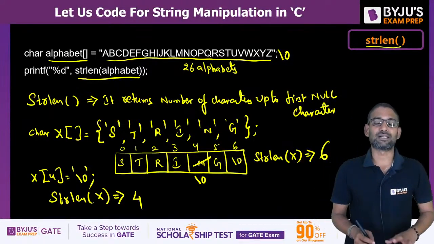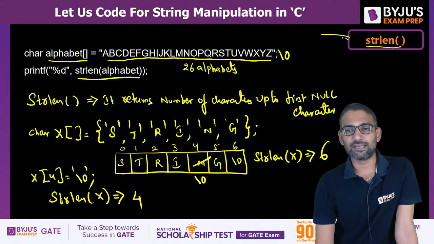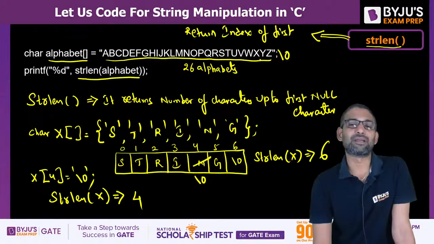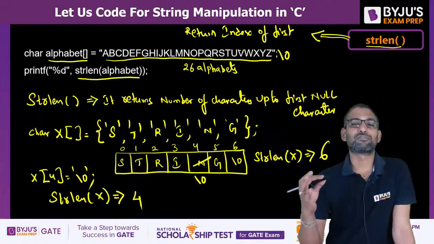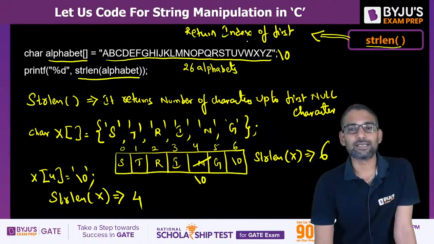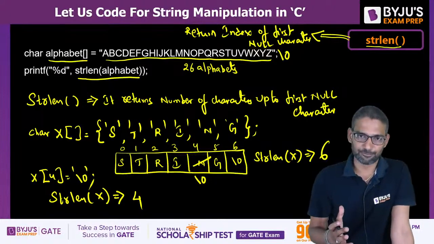So please understand very simple way, strlen will return index of first null character. Instead of remembering it as it counts number of characters up to first null, you can remember that it returns index of first null character, provided index starts from 0 by default.